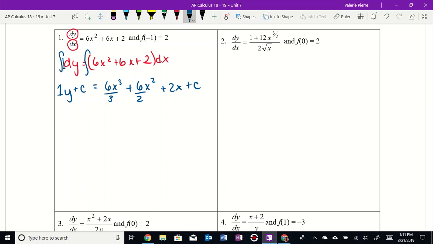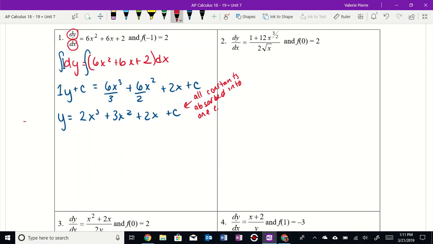So we're going to absorb all the constants into one value of c. This is going to give us y equals 2x cubed plus 3x squared plus 2x plus c. So all of our c's have been absorbed here, all constants absorbed into 1c, because c just represents constant. We don't know what the constant is, it's just represented in one value.